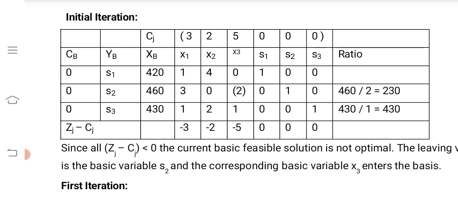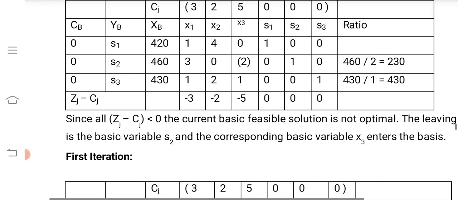Next, the first column Cb is the coefficients of the newly added variables, 0 0 0, and xb is the RHS value of each equation: 420, 460, and 430. The remaining columns are the coefficients of x1, x2, x3, s1, s2, s3. These are the filled columns.